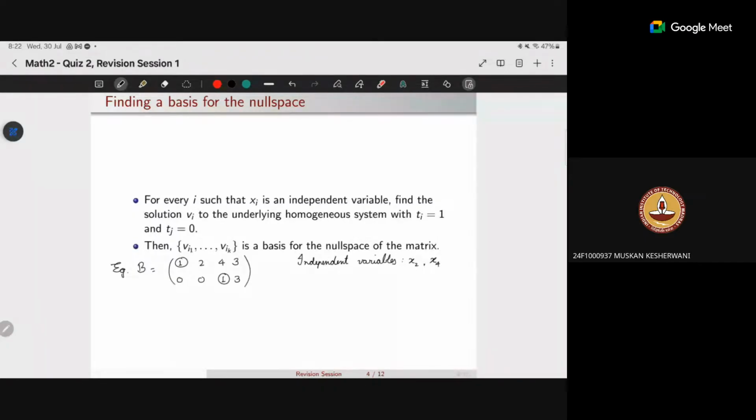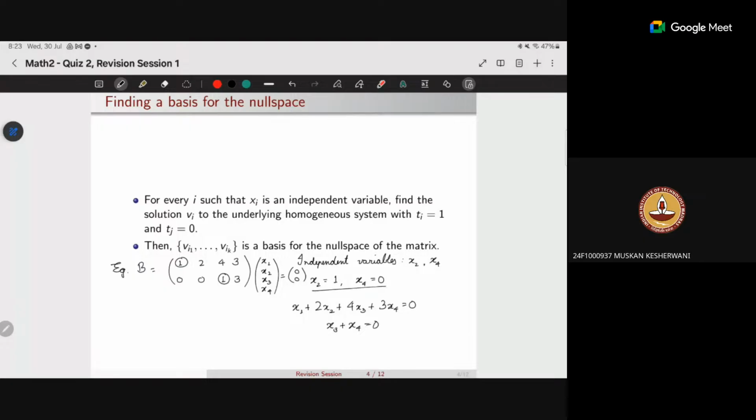So for the first vector in the basis, you put x2 equal to 1 and x4 equal to 0, and solve the system of equations. In general, the vectors in the null space satisfy this equation equal to 0, 0. So you have x1 plus 2x2 plus 4x3 plus 3x4 equal to 0, and x3 plus 3x4 equal to 0.